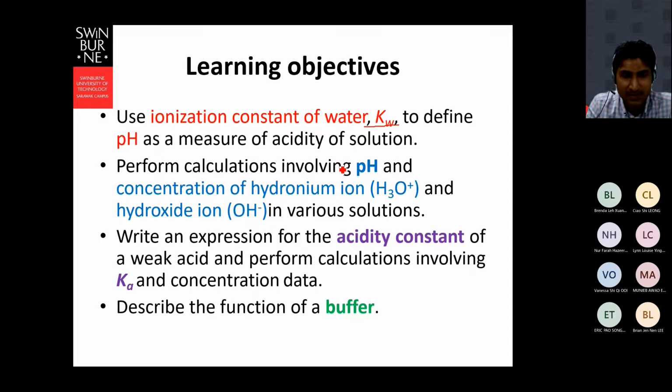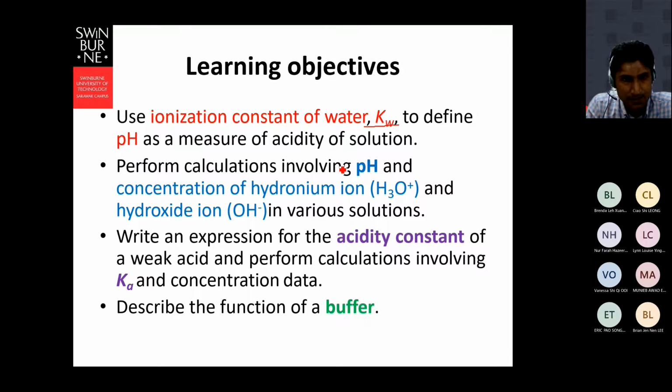So measurement of acidity based on a pH scale, that is from 0 till 14. So to calculate that, to put into numbers the acidity, the pH, acid or alkalinity of the solution, we need to know the Kw or ionization constant of that solution.